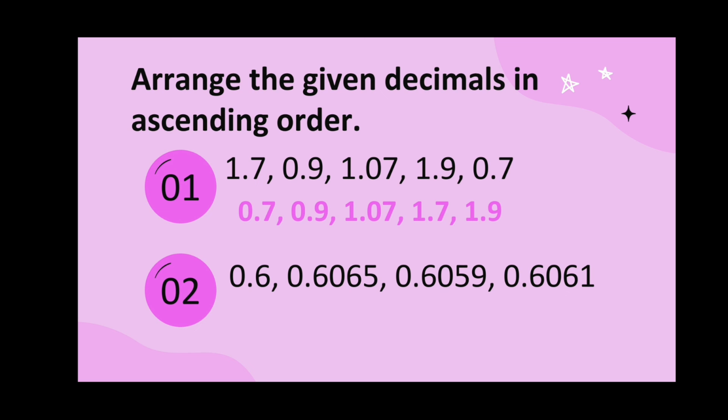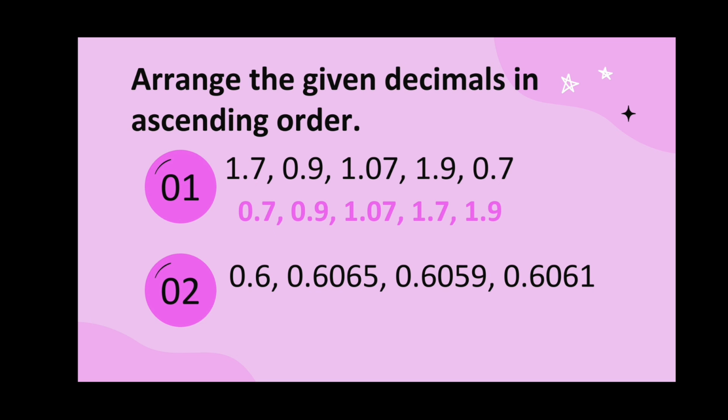Yung last two decimal numbers ay parehong 6 ang value ng thousandths place. Therefore, kailangan na nating i-compare ang ten thousandths place. Ang nasa ten thousandths place na digits ay 5 and 1. So, alin doon ang mas maliit na value? Okay, very good. Siyempre, 1.